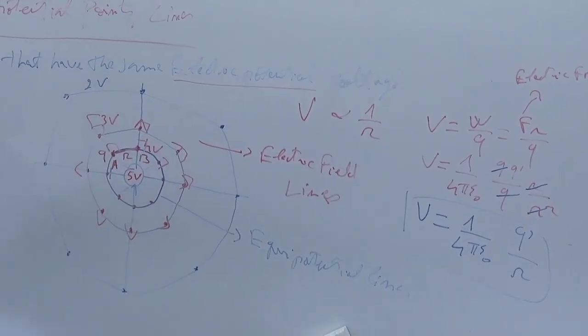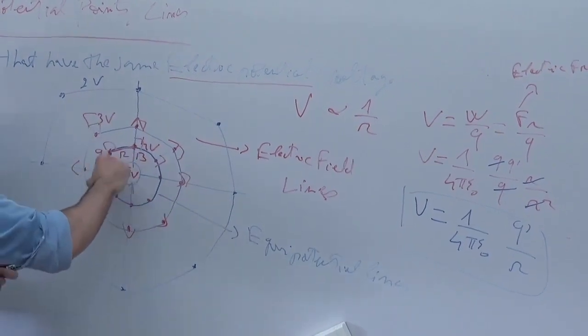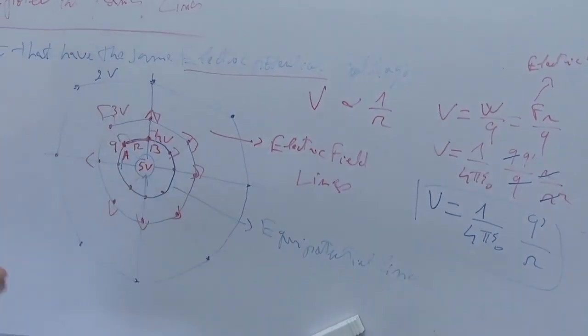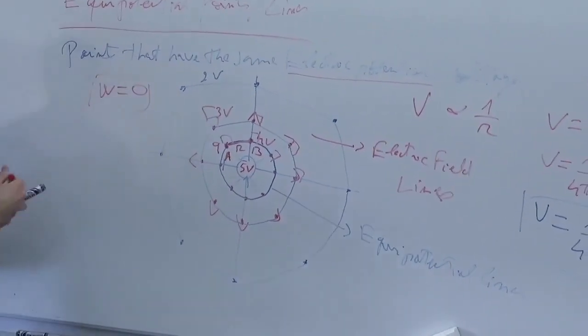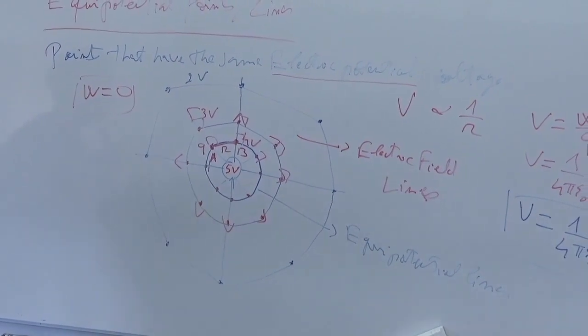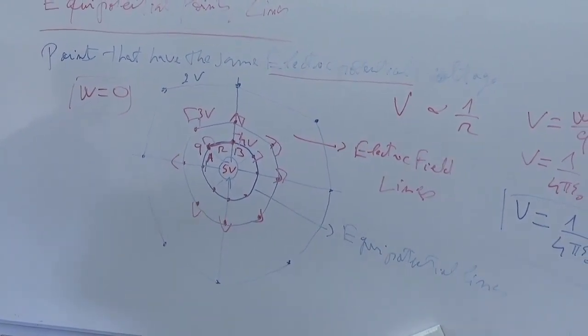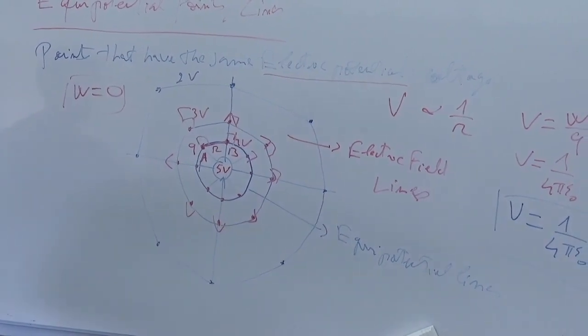In that case, the work required in order to move Q from A to B along the same equipotential line is actually 0. So no work is required in order to move a charge along the same equipotential line. So that would be the second property.